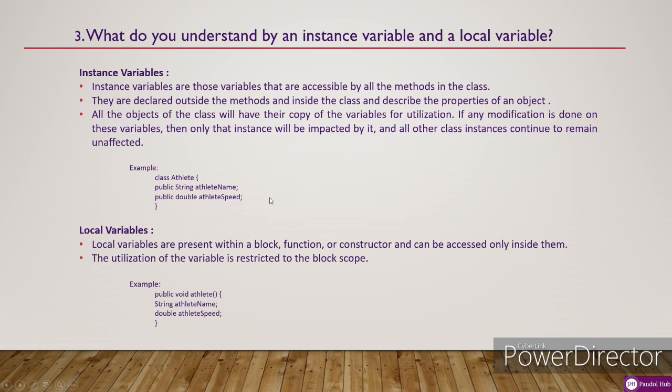So you have two objects with two different property values set to name and speed. Any change in object 1 will never affect object 2, because both have their own copy of the properties present in the class.